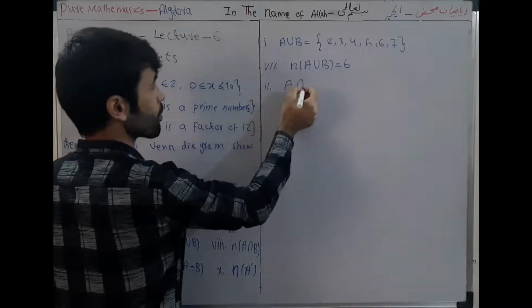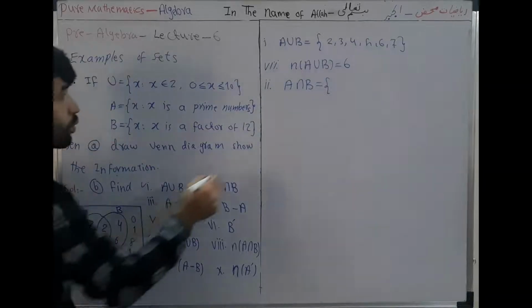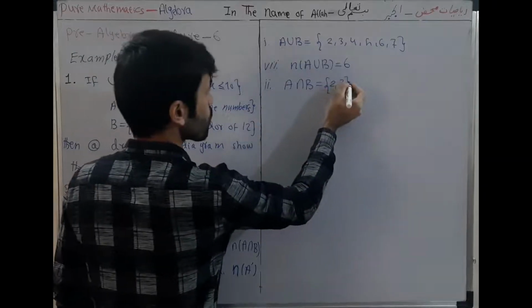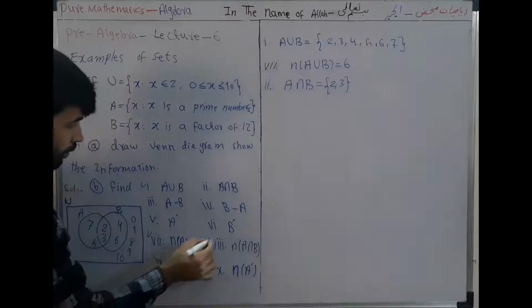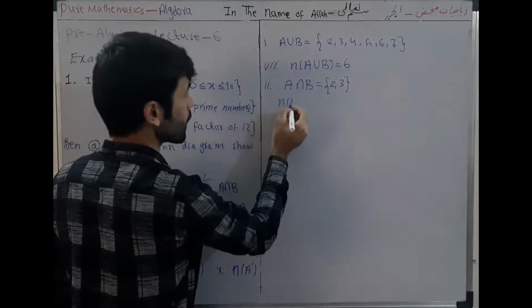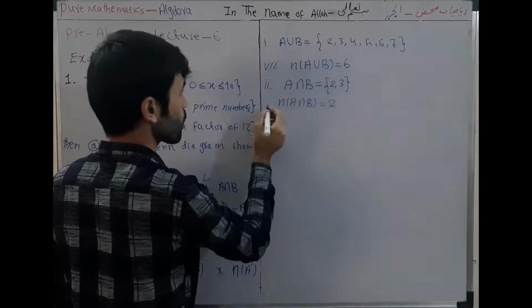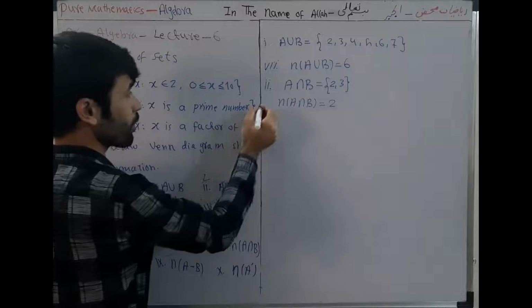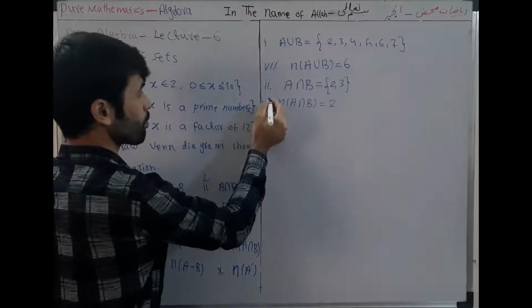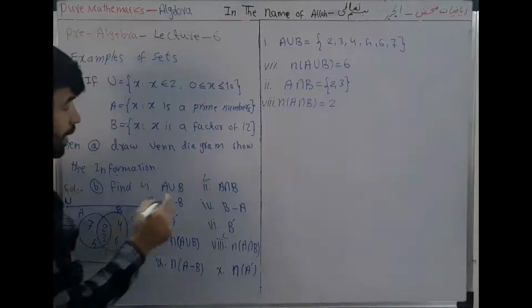Number 2, A intersection B is equal to {2, 3}. The number of elements in A intersection B is 2.